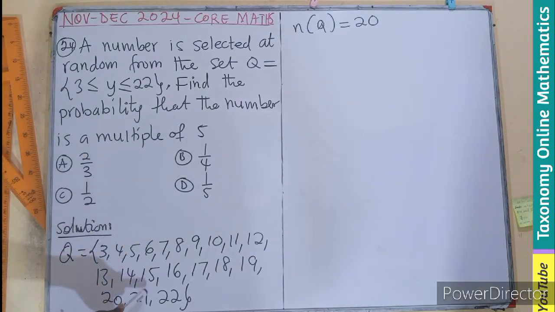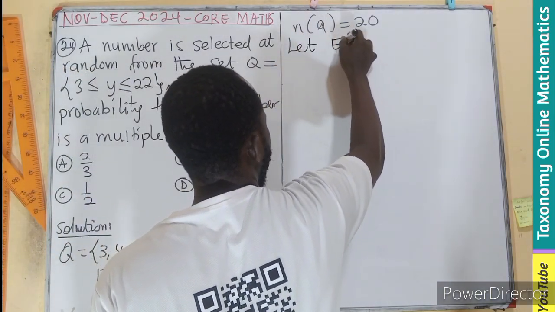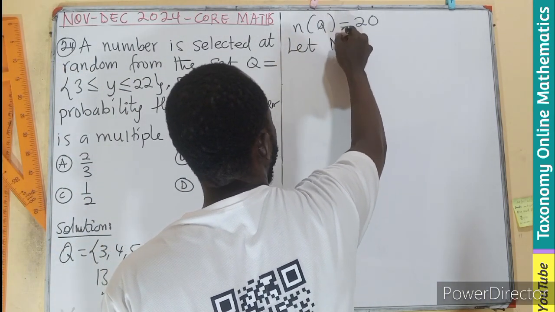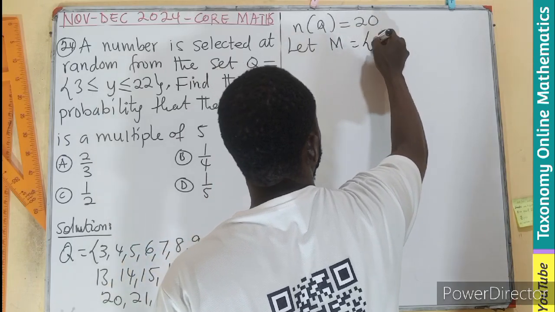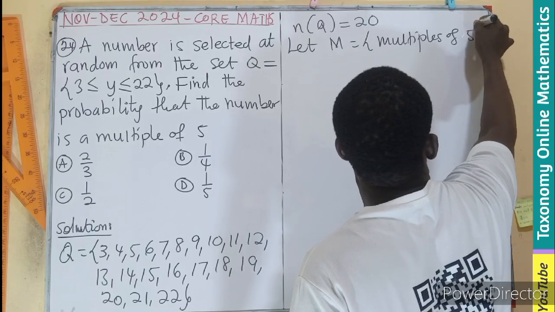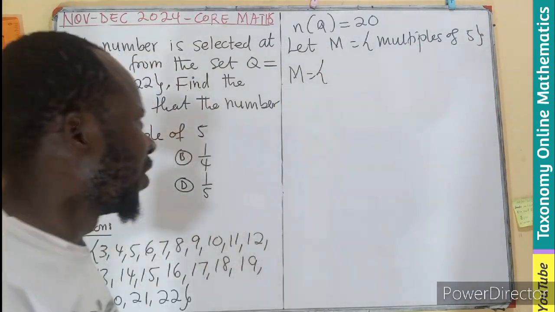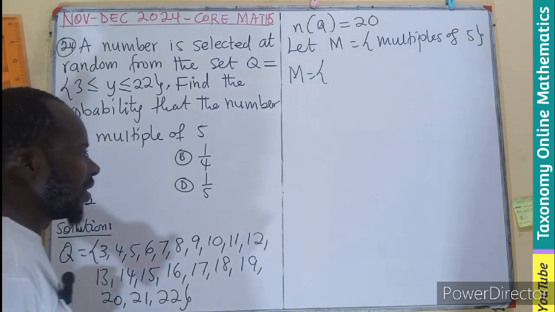Then we are picking from this set multiples of 5. So let's say we let E, okay, let me use M, equal to the set of multiples of 5. So M will just be, what are the multiples of 5 from here? 5 is here.